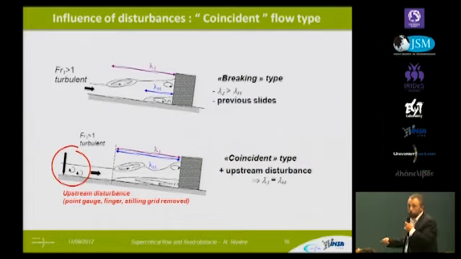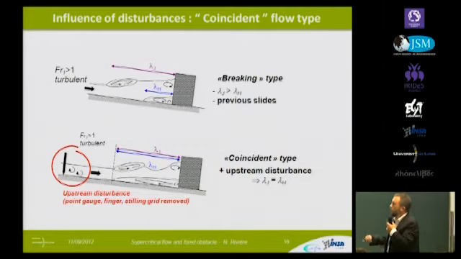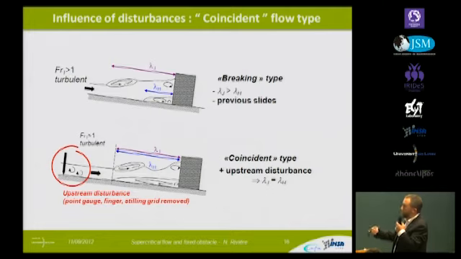When we add some additional disturbances, it can be, for example, a point gauge, which is the same as my finger but about 10 times wider, or by removing some settling devices, we obtain what we have called coincident type, because the horseshoe vortex, the toe of the horseshoe vortex, moves upstream and reaches the same location as the one of the hydraulic jump.